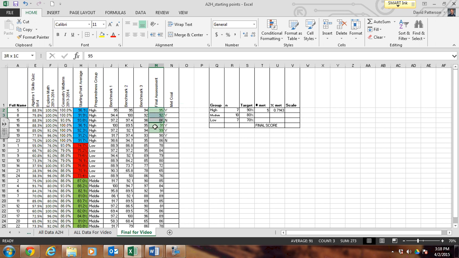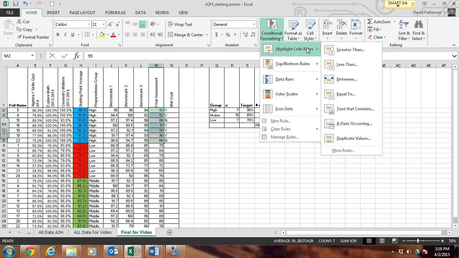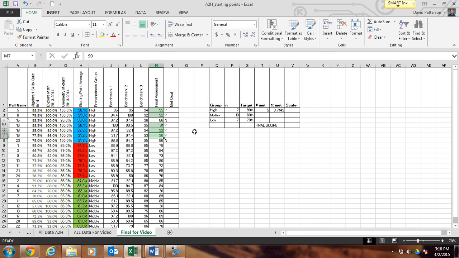I might fix that, because in fact 90 is okay. A quick fix: if I just put in 89.9, because there's no greater than or equal to, and I set those as green, now we'll also include that 90% as well, telling me that clearly these 2 did not meet it.